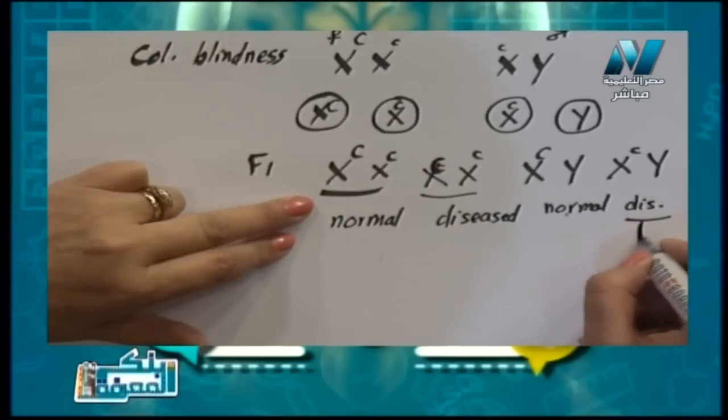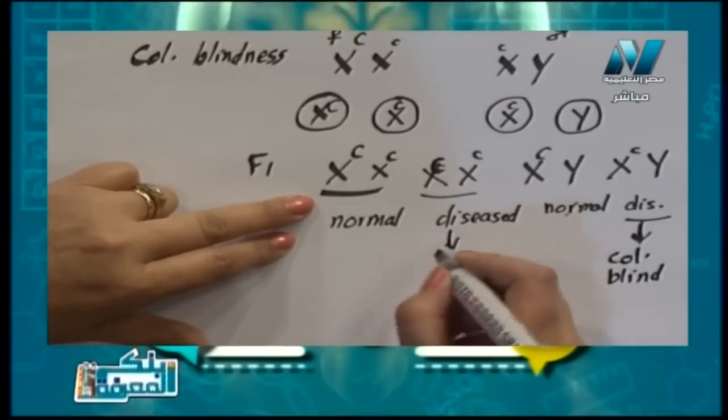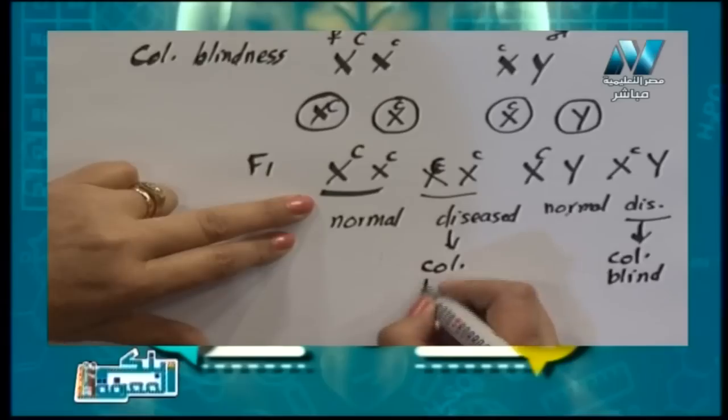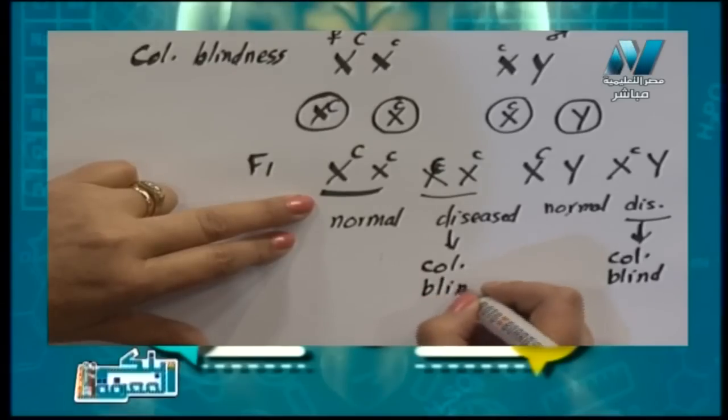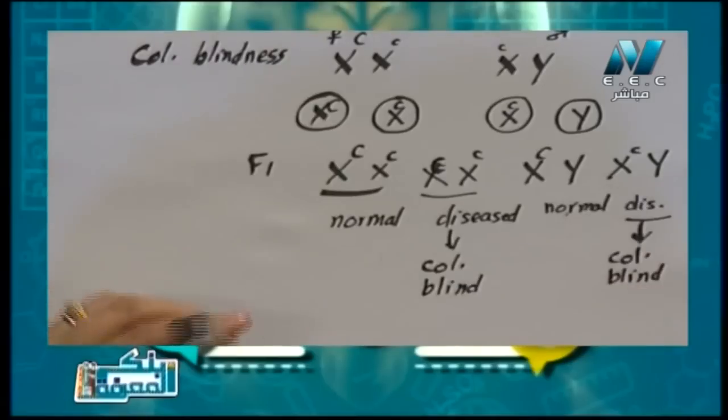And this disease is color blindness. The color blindness disease is the inability to differentiate between red and green colors.